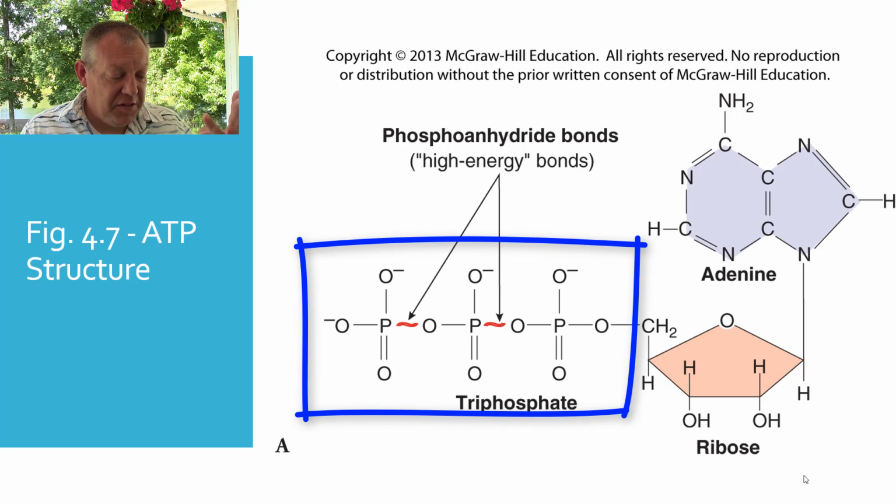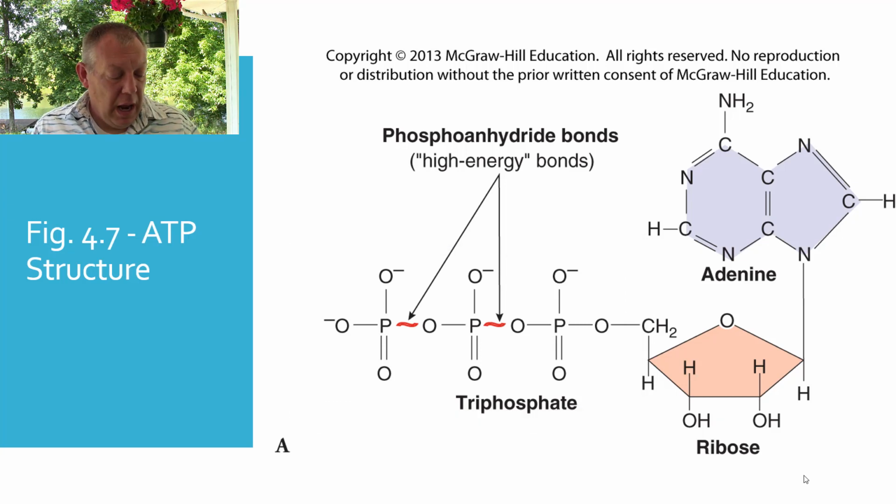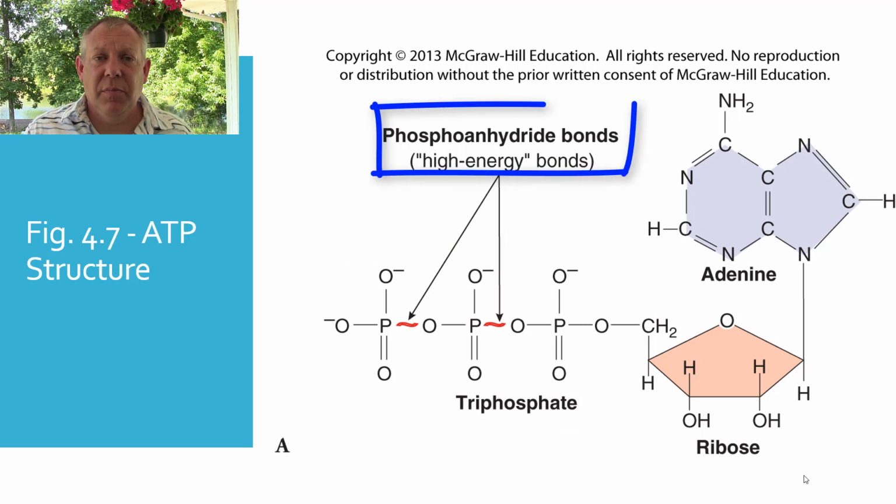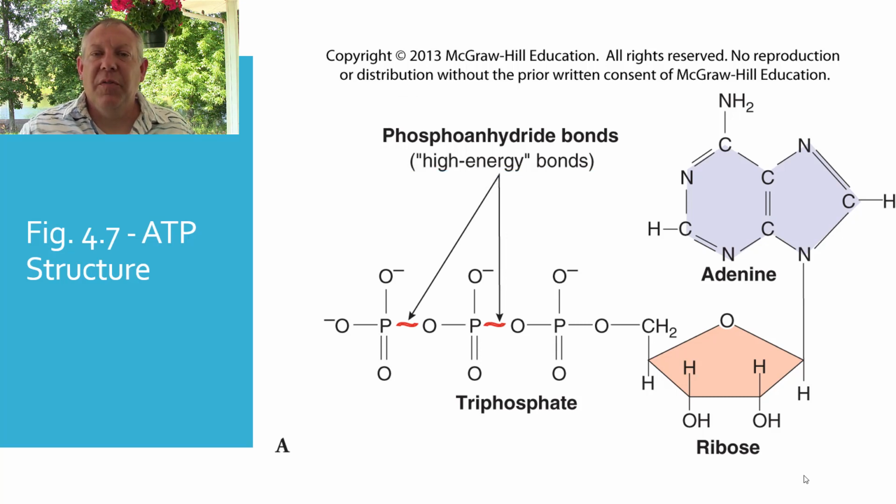Those three phosphates have lots of energy. What they're showing you here is that those two extra phosphates are held on by these very high energy bonds. Where does that energy come from? It comes from your food. What we just talked about, when you break apart a molecule and release that energy, you can use that energy to stick on these phosphates. Now those phosphates hold that extra energy.